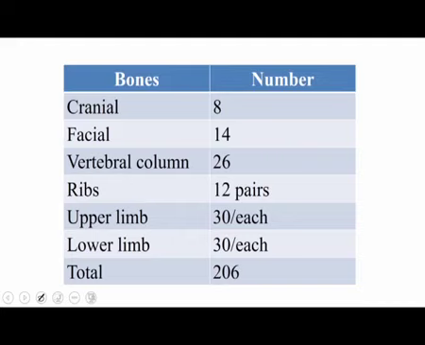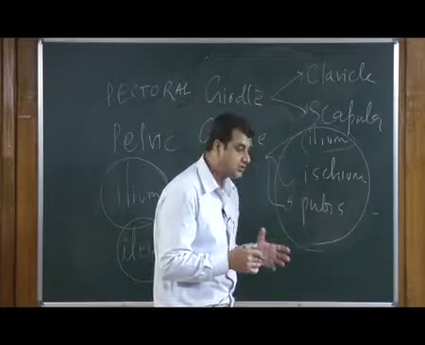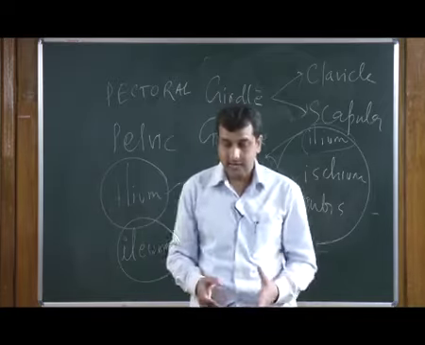So, the bones we have discussed in a couple of lectures are: cranial, facial, vertebral column, ribs, upper limb, lower limb, and in total we are getting 206 bones in the human body. So, this is about the number aspect of this bony structure.